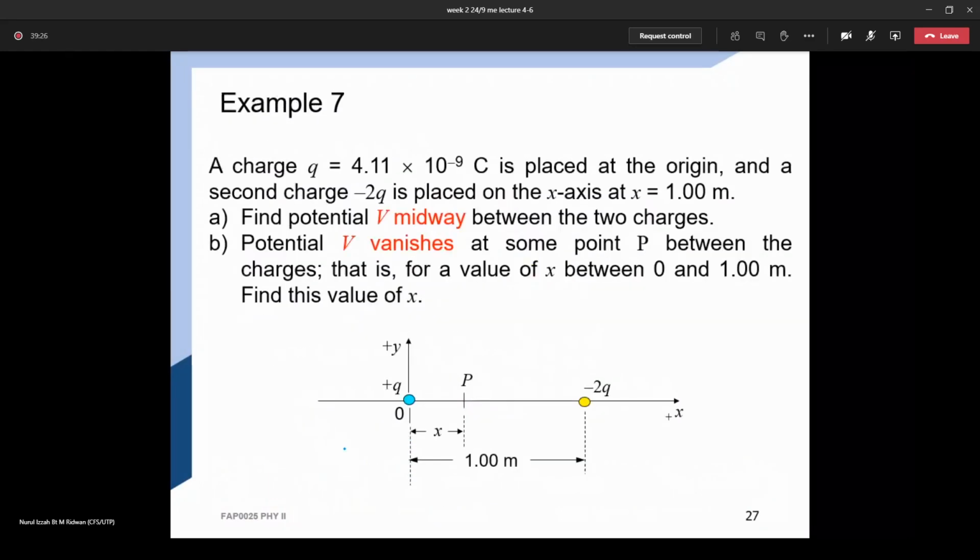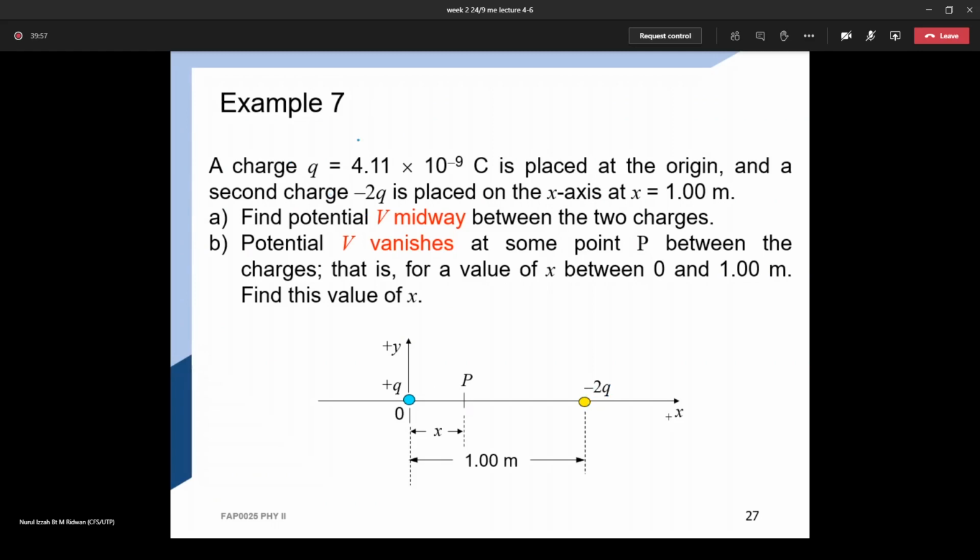Okay, so there is another example, example 7. Example 7 is related to two sub questions. Listen here carefully. The question is giving you two charges. One charge is Q, the other charge is negative 2Q. So that means the value of Q is the same, but for charge 2, it's double the magnitude.